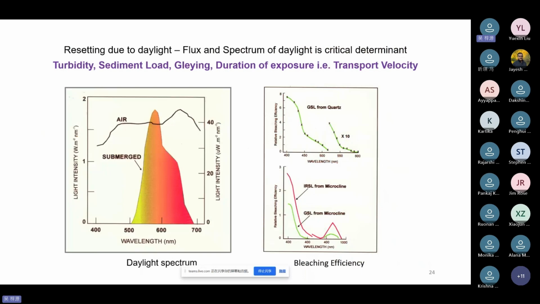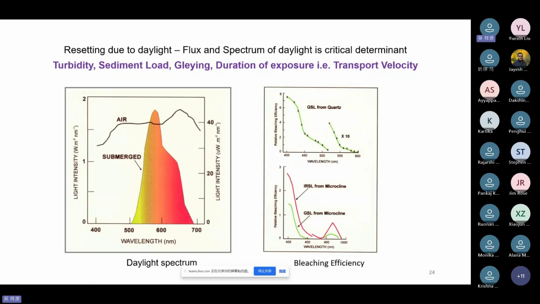An important part in the case of sediment is to remember one thing, that the amount of sunlight seen by sediment, though it's a few seconds of sunlight, is available. And important is that the flux and the spectrum of daylight can change due to a variety of factors: turbidity, sediment load, gleying, duration, and transport velocity.